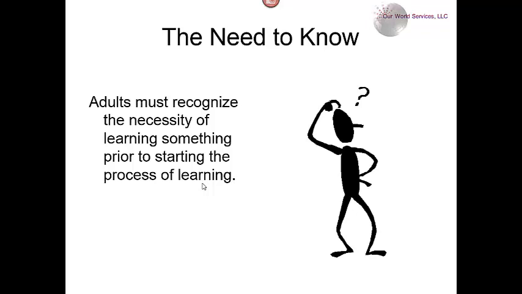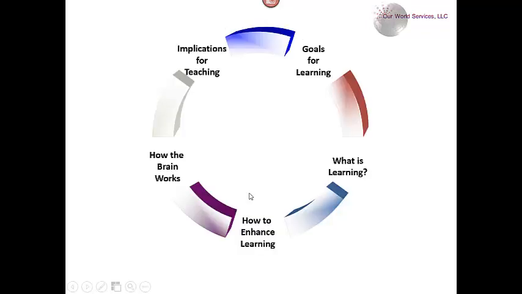So when you look at courses, are we telling them why they need to know something to start with? Sometimes not, and then the adult doesn't know why. They can't see the relevance, and if they don't see the relevance, they will not show up.